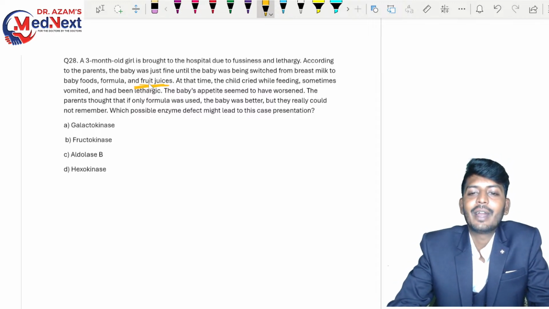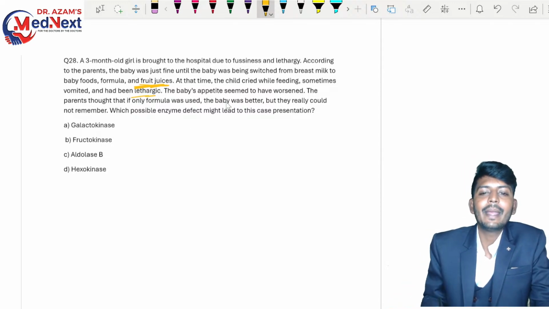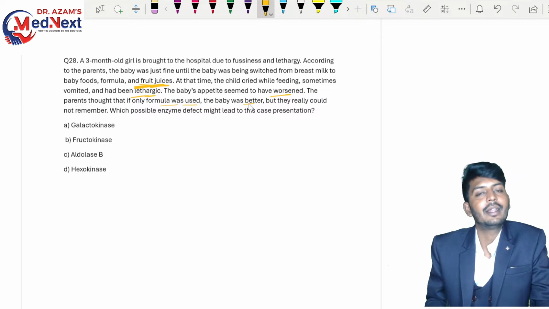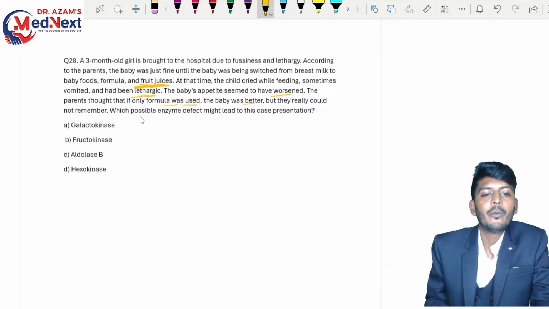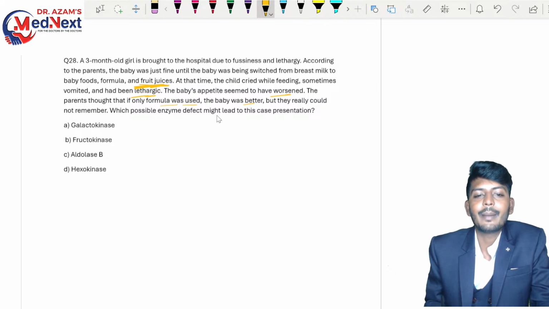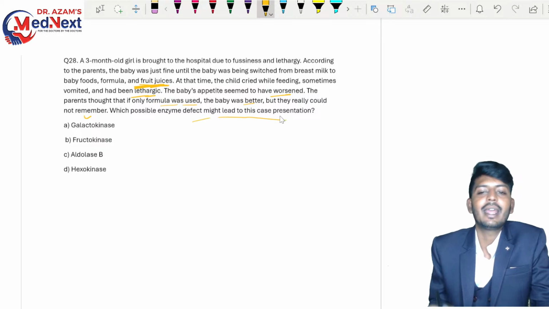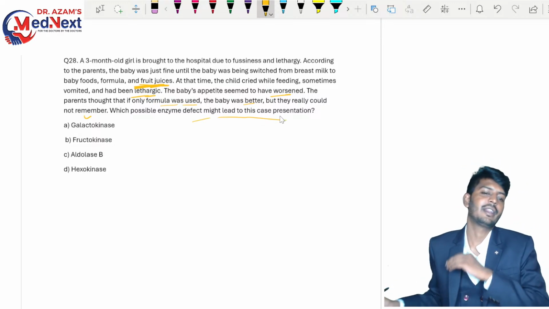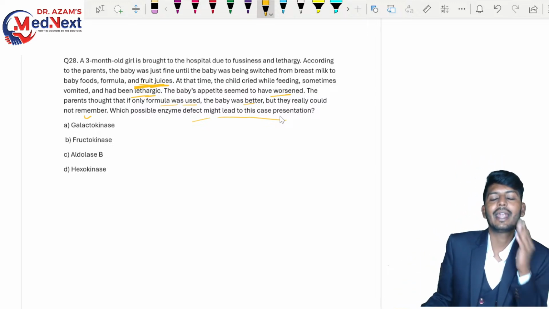The child cried while feeding, sometimes vomited, and has been more lethargic. The baby's appetite seems to have worsened. The parents thought only formula was used and the baby was better, but they really could not remember. So they are asking which possible enzyme is causing this presentation. Options are galactokinase, fructokinase, aldolase B, and hexokinase.